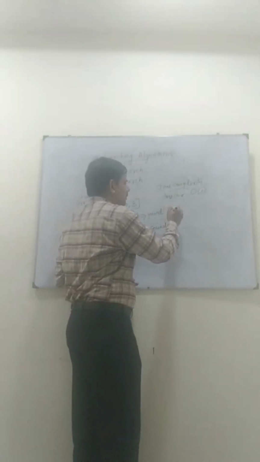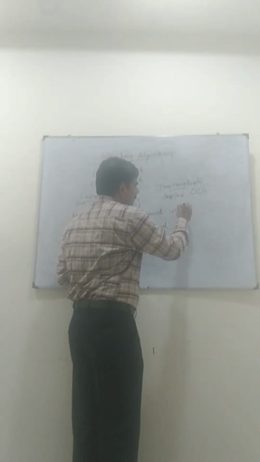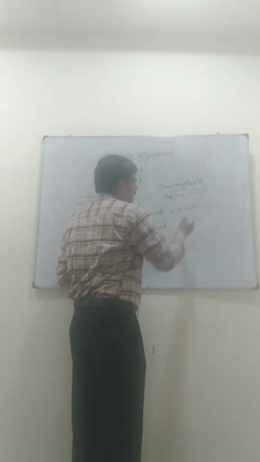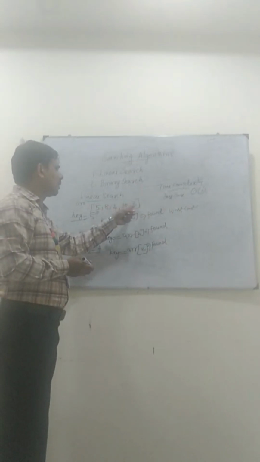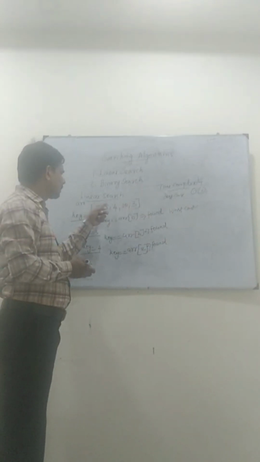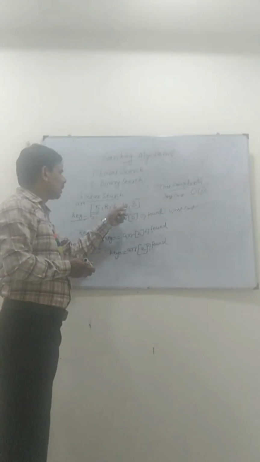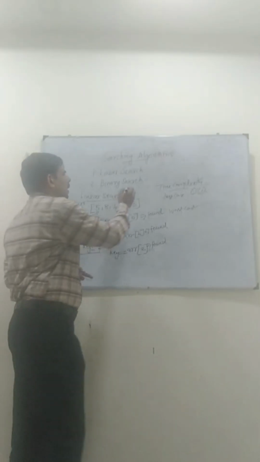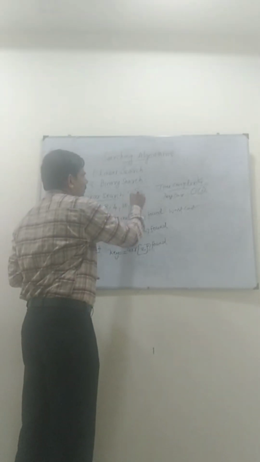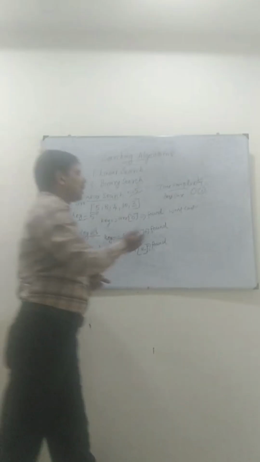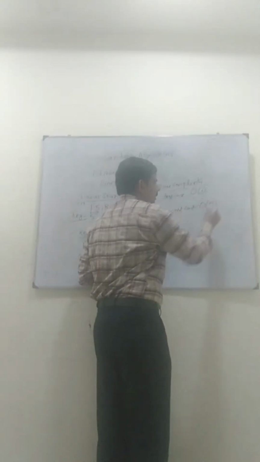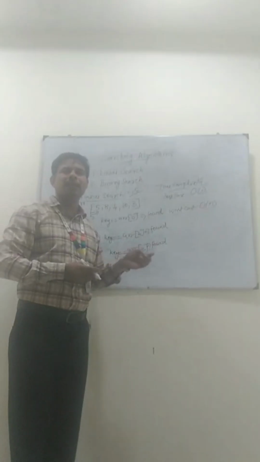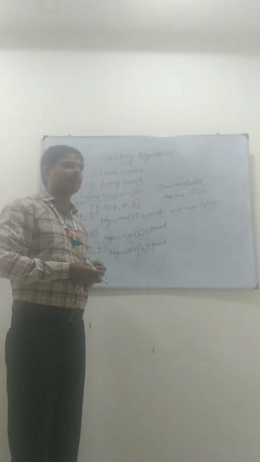Next, the worst case means the search element is the last element. For example, index 0, 1, 2, 3 and index 4, with n equal to 5. It is big O of n, since n iterations are needed.